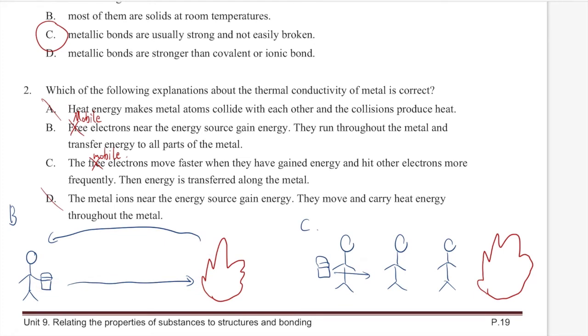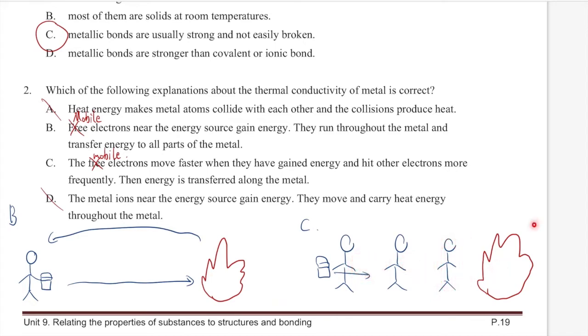Okay, so in the case of metal, B is representing that the electron near the heat source is going to run throughout the metal. But for the case of C, it's talking about the electron that near the source get the energy and then pass to the next electron and then pass to the next electron.